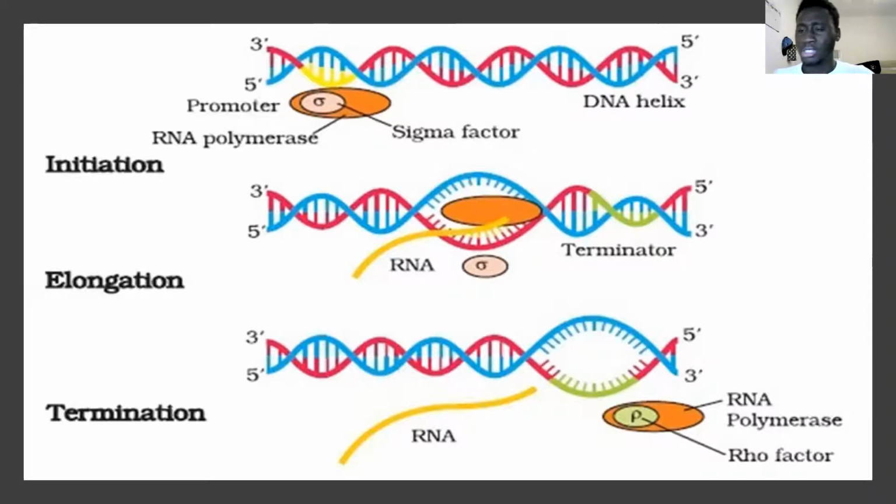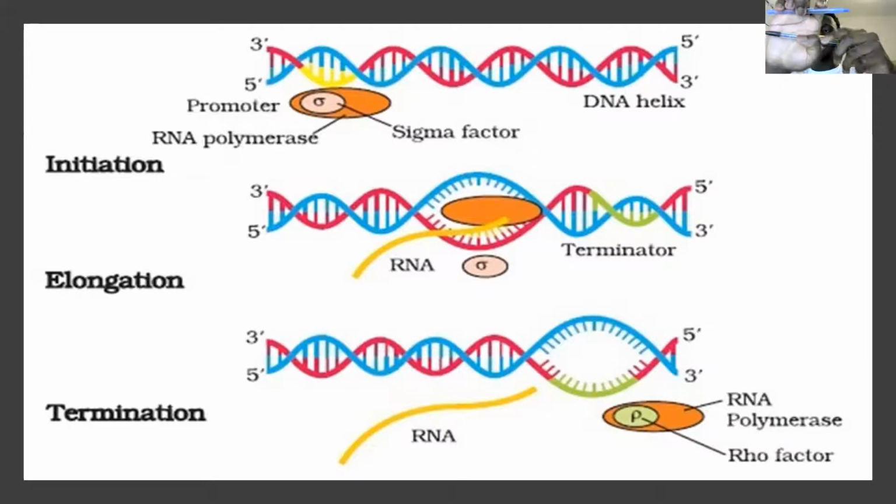So this is what happens in elongation. This is the double helix, right? I think, yeah, it mirrors. So this is the promoter region, right? I bind to it, then this is what the RNA polymerase does.